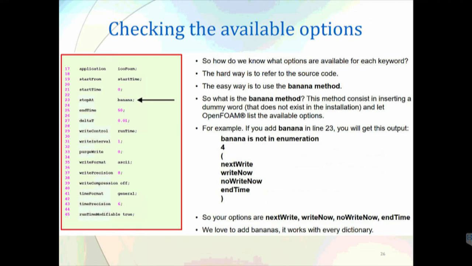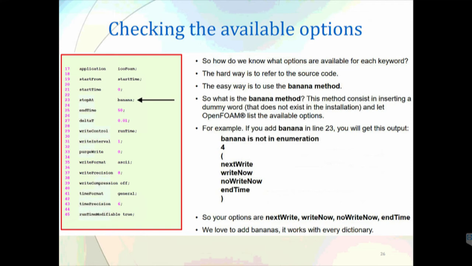So how do you know which other options are available? In place of runTime or in place of startTime, what other options can you input into your code? How do you find out? The hard way is to look up the documentation and the code of OpenFOAM, which is available on the internet and can be accessed easily. But as a beginner, this may sometimes be hard to find out.